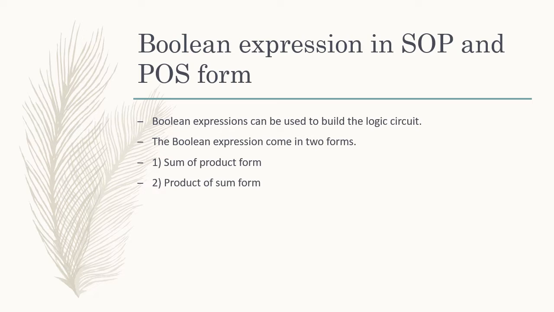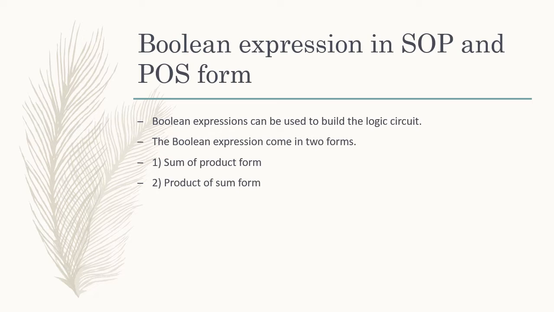Now the first thing is why we are using the Boolean expression to build the logic circuit. The thing is very simple: the Boolean expression makes the digital circuit more simple, the circuit complexity reduces because of using the Boolean expression, and the cost also gets reduced.